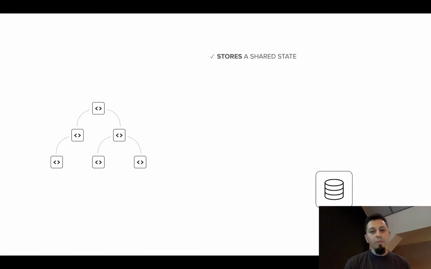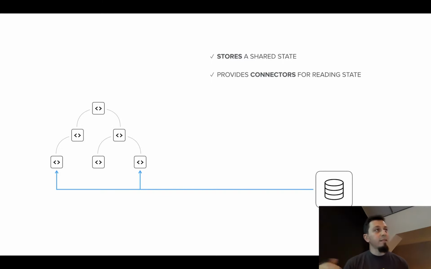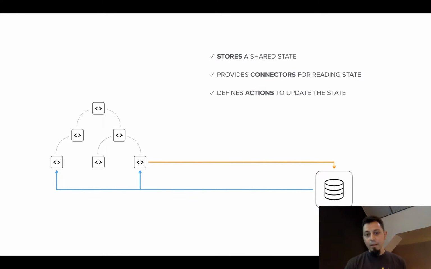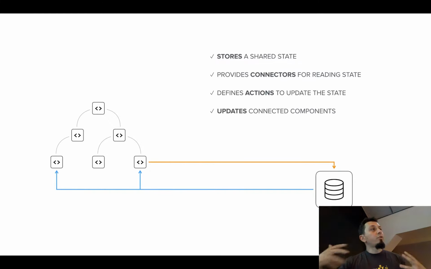It provides a store where it stores the shared state of the application. It provides some connectors for the components to connect to that store and retrieve the data. It defines some actions so the components can update the shared store. And then it should update all the components that are interested in receiving those updates.